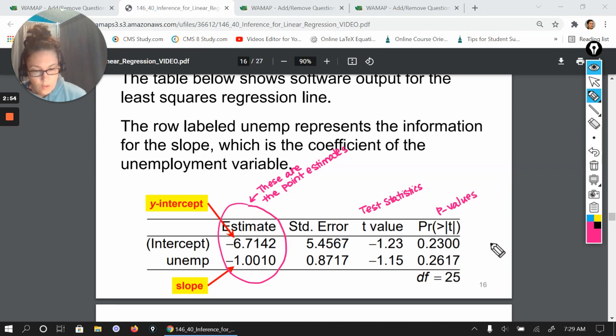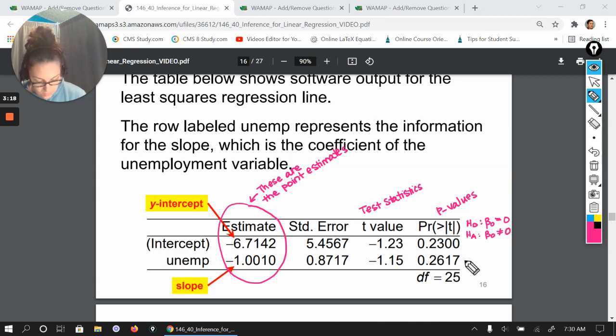So for each row of this table, we have a set of hypothesis statements. For the first row, we would say that the null hypothesis is that beta 0, or the y-intercept, equals 0. And the alternative hypothesis is that beta 0, or beta naught, does not equal 0.